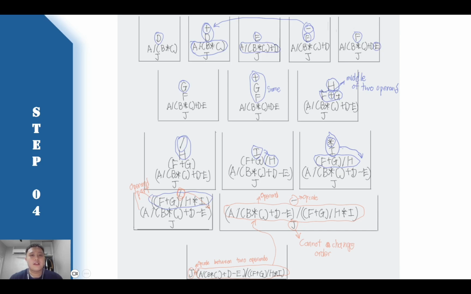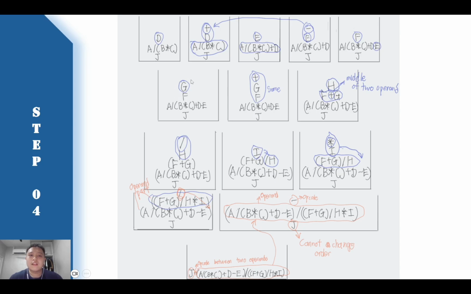We just put the opcode between them. The same also for this: after you form this, you just put the two operands E and the subtract, right? So you just put the subtract as the middle part of them, and then you combine them together, and then push F inside, push G inside, two operands, right?